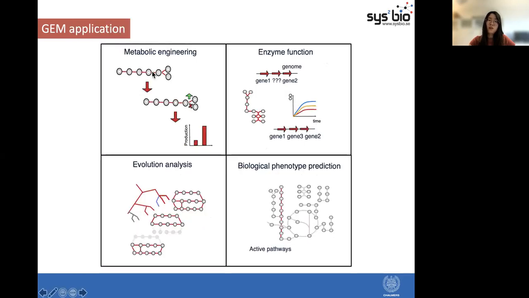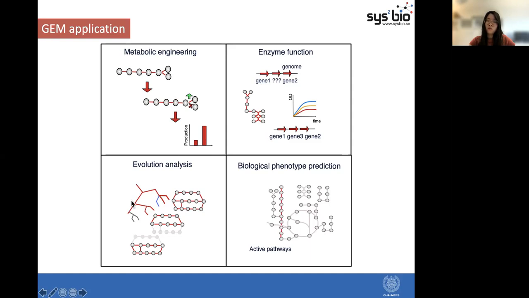GEM can be applied to metabolic engineering. For example, we can identify which genes are important for wine production. And we can also use the GEM for enzyme function identification.